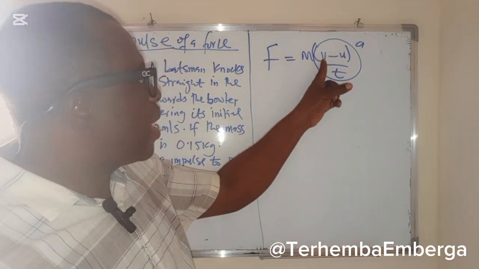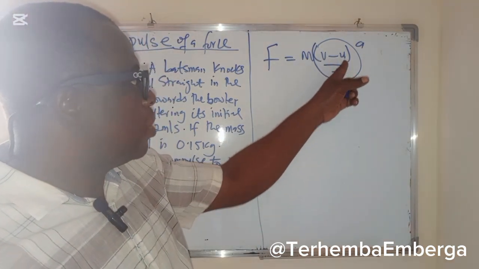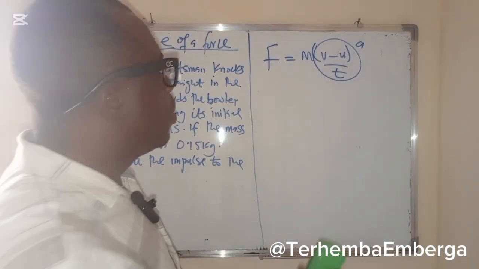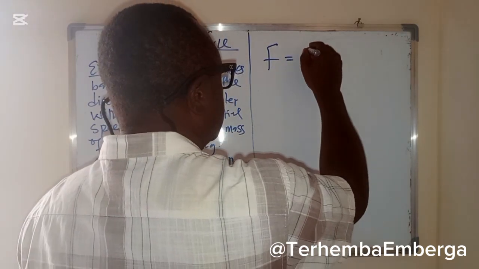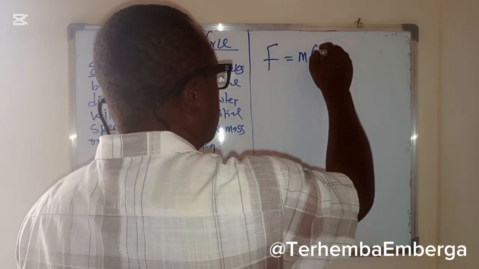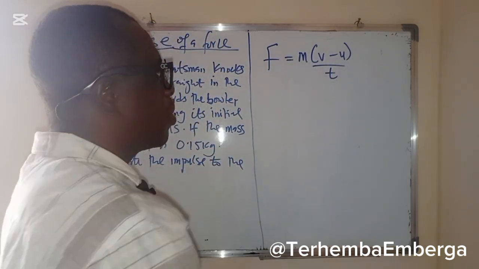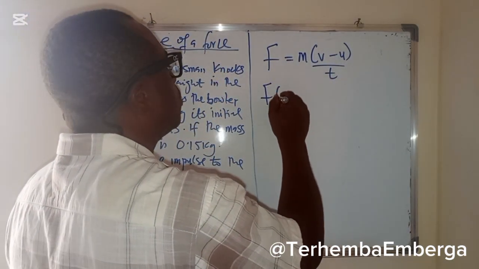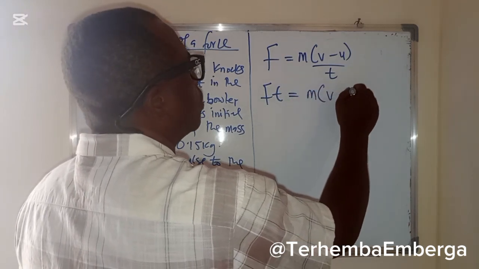This is the final velocity and the initial velocity. v minus u is what we call the change in velocity. So if, instead of writing it this way, we say m(v minus u) all over t, and we cross multiply, we can say that Ft is equal to m(v minus u).